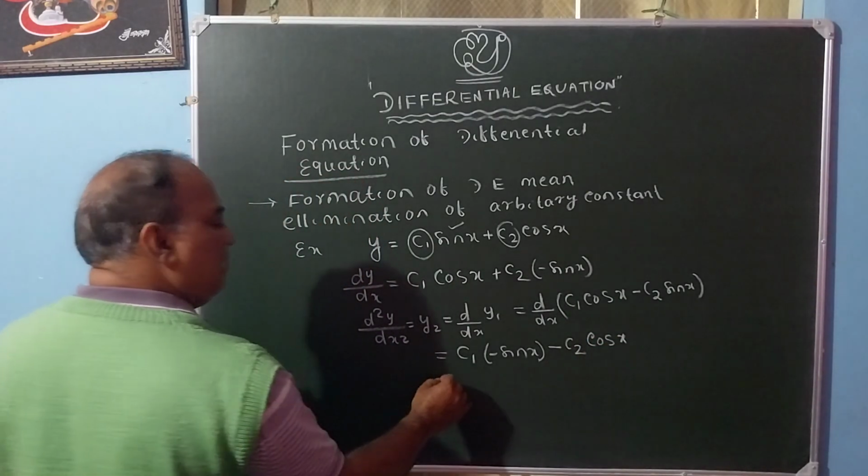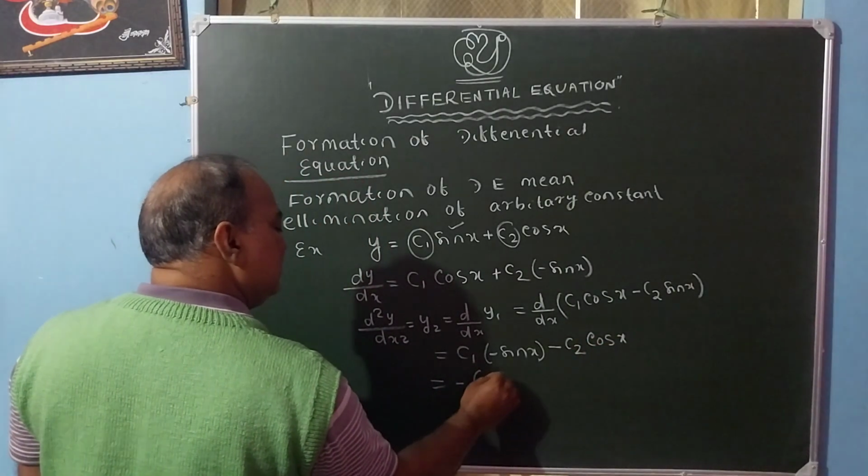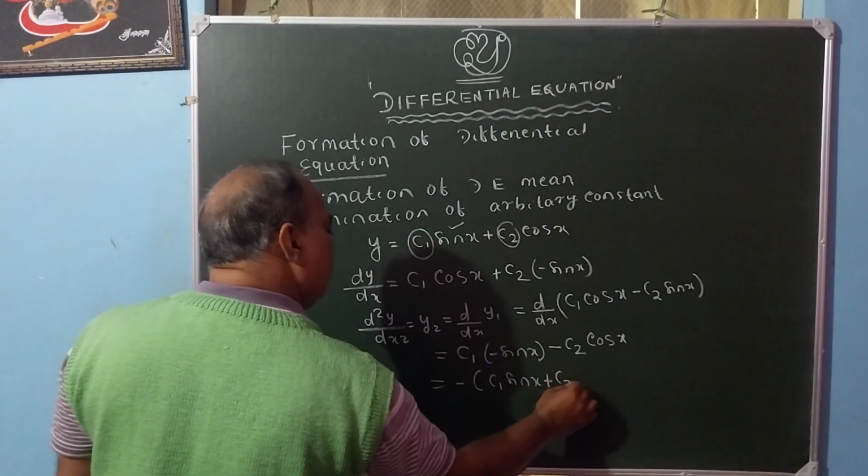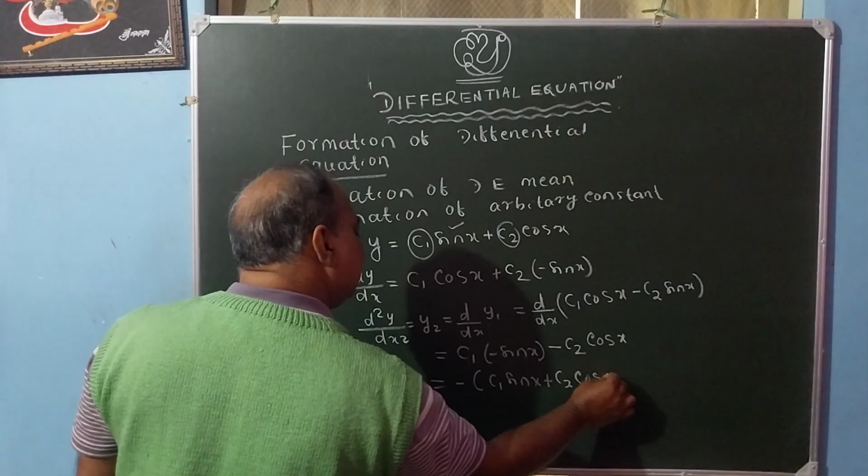So taking minus common, we get c1 sin x plus c2 cos x.